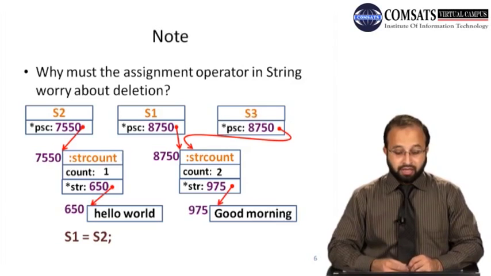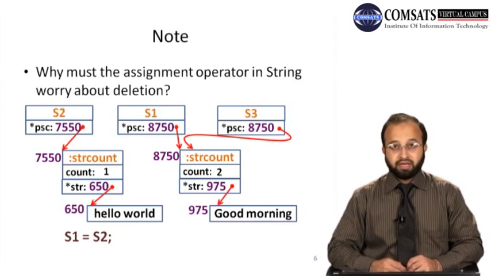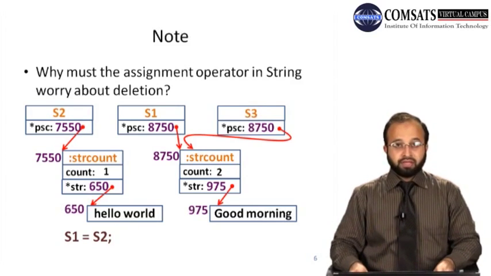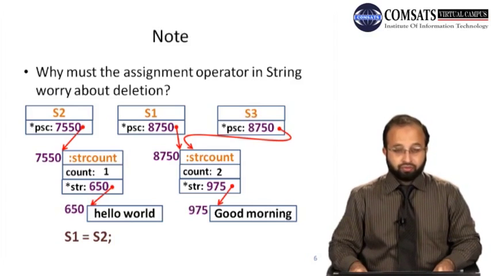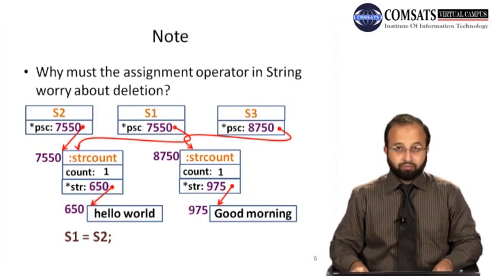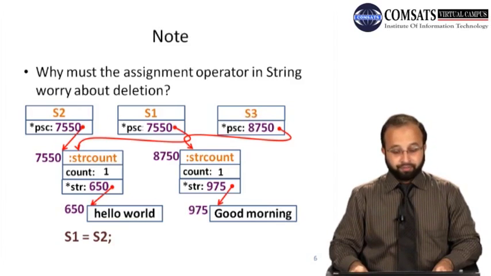It will first check कि s1 का जो pcs है उसकी count की value 1 है, अगर 1 नहीं है तो it won't delete string count object, it just decrements the value of count और वो s1 की pcs को assign कर देगा s2 का pcs की value. So count डिक्रीमेंट होके 1 हो जाएगा and ये जो एड्रेस है that is 7550. Now s1 points to the string count object जिसको s2 point कर रहा है, right?